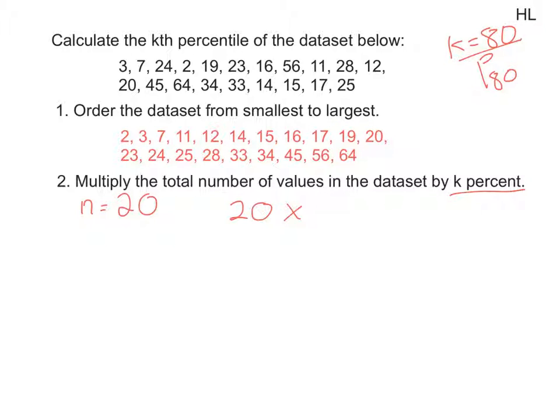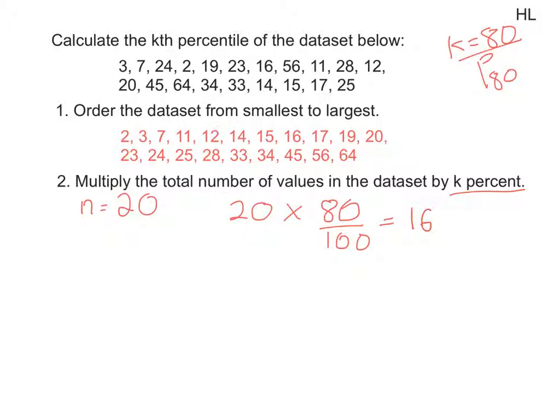Our k is equal to 80, so it's 80%, which is also 80 over 100. When we do that multiplication, we get an answer of 16. It is important to note that our answer here is a whole number. The rest of the instructions depends on whether our value here is a whole number or not.